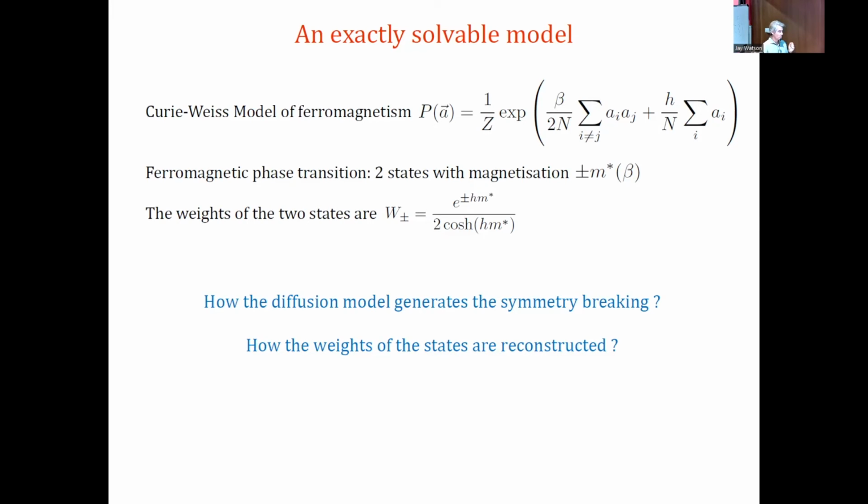So here it is of order 1%. Because what we want is for the weights of the two states, the plus and minus, not to be 1/2 and 1/2, as we have in the usual symmetry breaking case, but to be, I don't know, 1/3 and 2/3. Because what we also have in mind is, imagine that I train a diffusion model, and there are more images of one class than images of the other class.